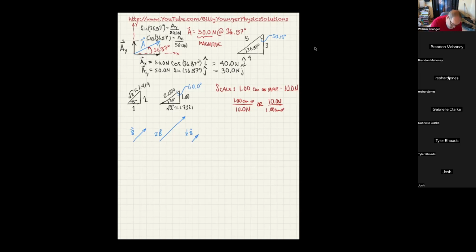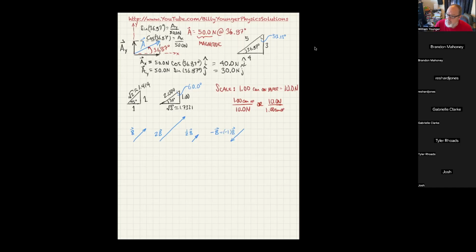Now, if I wanted to draw negative b, which is the same thing as -1 times b, then all I do is reverse the direction. So when you multiply by a negative number, you flip the direction by 180 degrees.